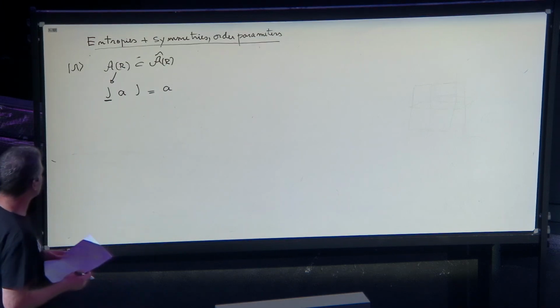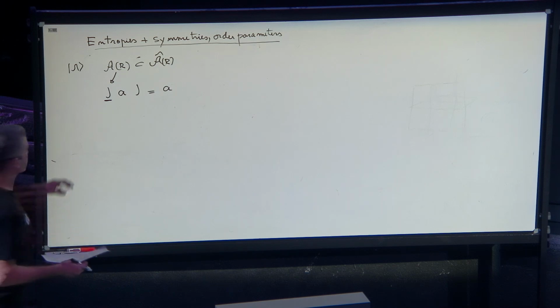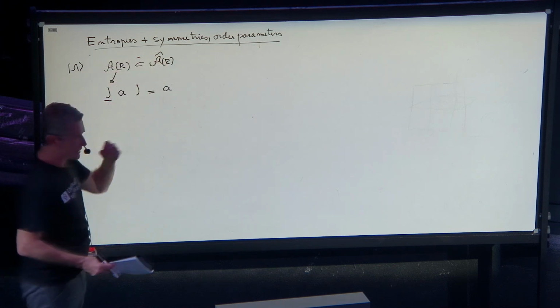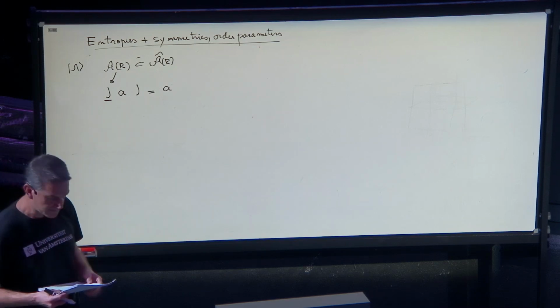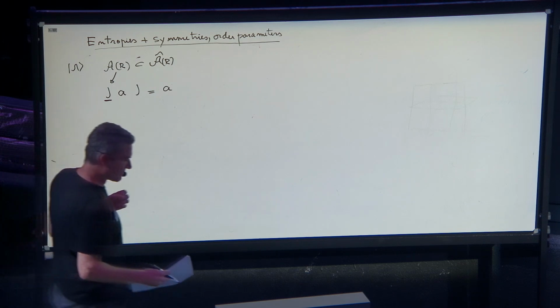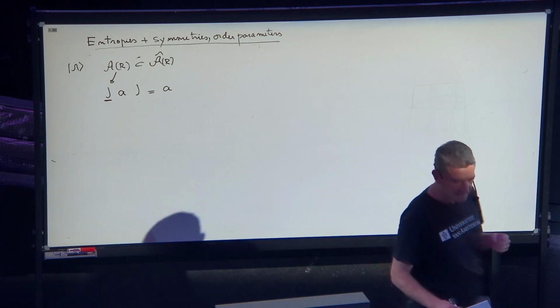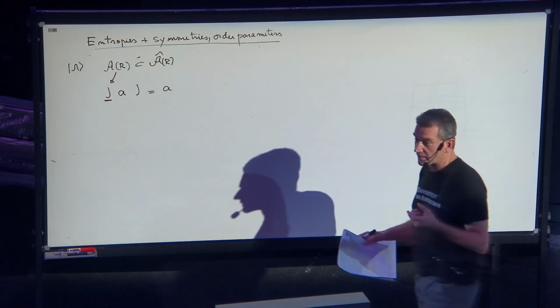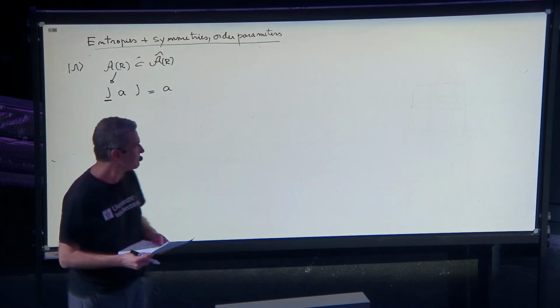But I will follow a different route, taking advantage of the fact that you have two algebras, and talk about entropies instead of expectation values of operators. This will give us some additional plus that is quite intriguing, and we will see.